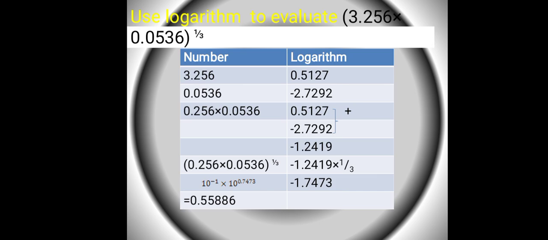Now add the two, you get 1.2419. Multiply by a third, you get 1.7473. Get the antilogarithm of this result, you get 0.5587.